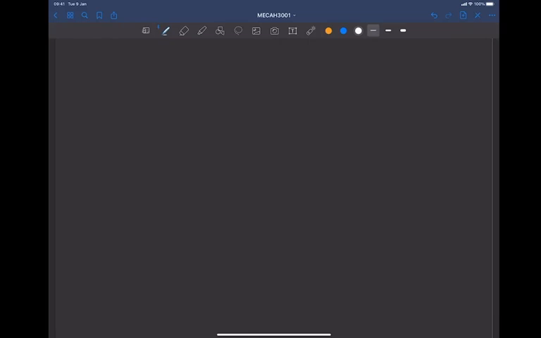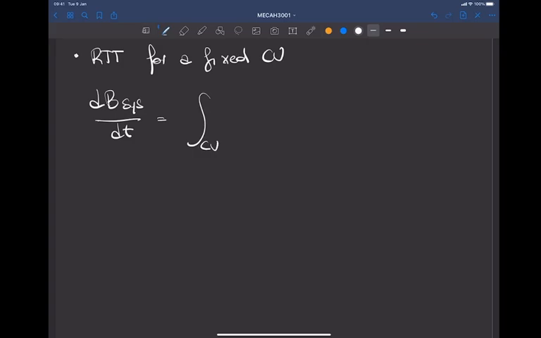Now we have the Reynolds transport theorem, which can of course be shortened to RTT, for a fixed CV. It's simply given by dB of the system over dt is equal to the integral in the control volume of the partial derivative d over dt of rho b dV.